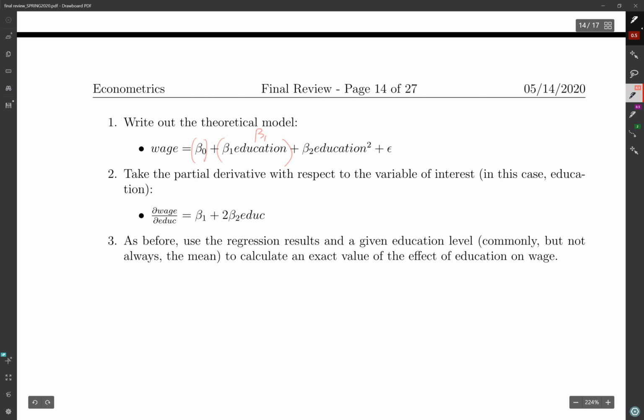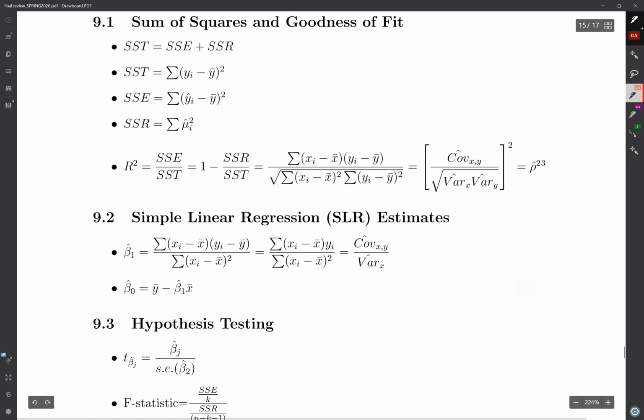And what about with education squared? Well, that's going to be beta 2 times education, and then we're going to bring this 2 down and subtract 1 from that 2. So we're going to say 2 beta 2 education. And that's where this comes from. Okay. So in other words, what we're saying here is that the effect of education on wages depends on the amount of education.